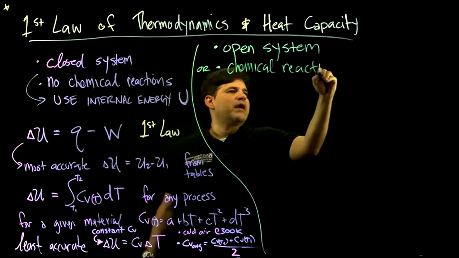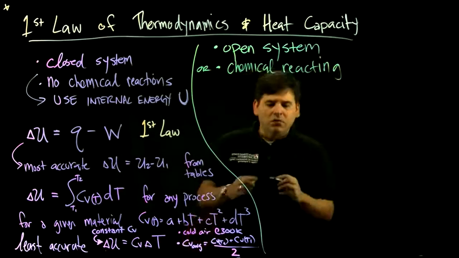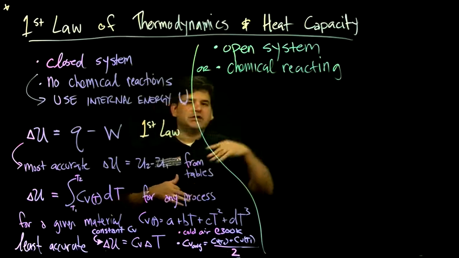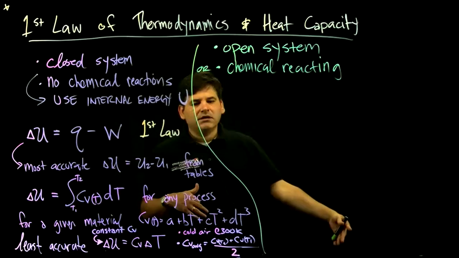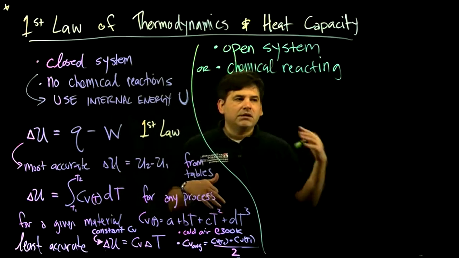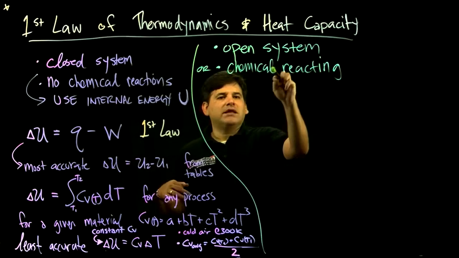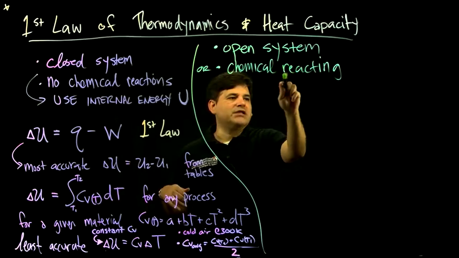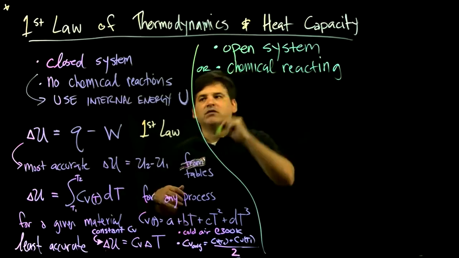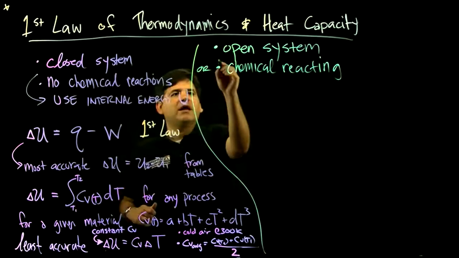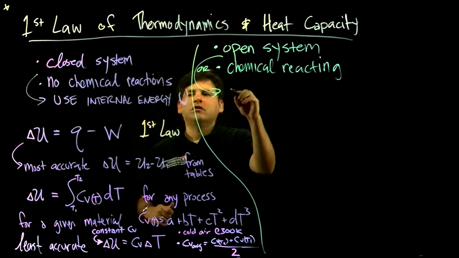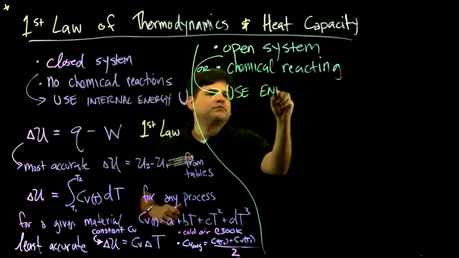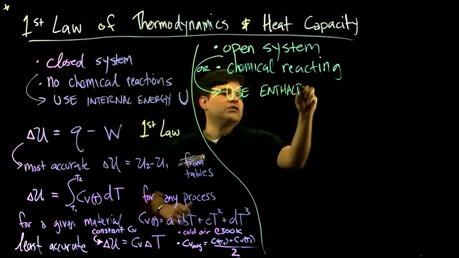So if there's chemical reactions causing the molecules at the beginning of the process to undergo a reaction to change to other molecules, then the energy levels at the beginning and at the end would be affected by the chemical bonds that change. In either of those cases, or both, you would use enthalpy to account for internal energy.